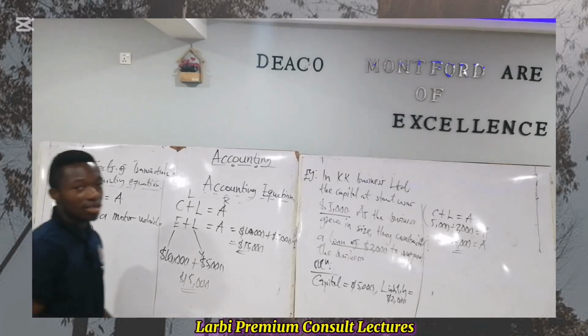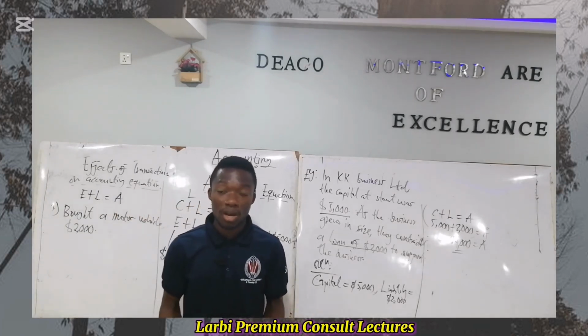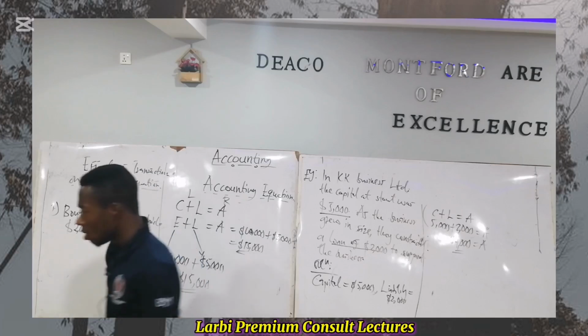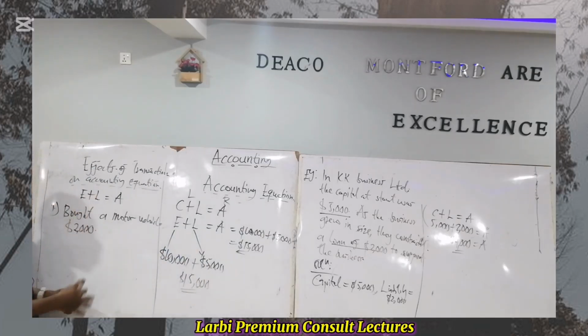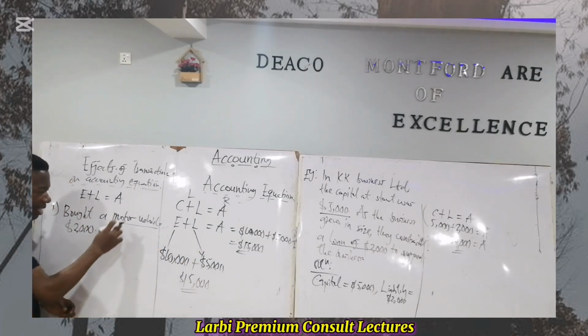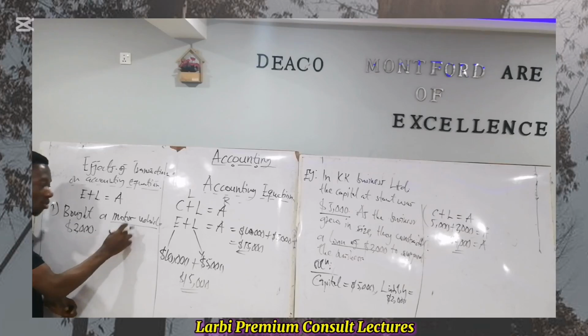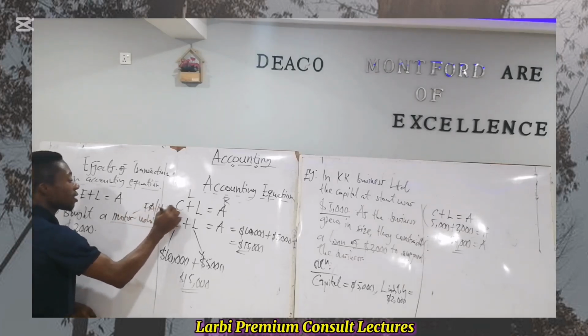All that we need to ask ourselves is, looking at this, we bought a motor vehicle worth $2,000. What are the elements that are being affected here with respect to the accounting equation? Remember, motor vehicle is what? An asset. But what type of asset is the motor vehicle? A fixed asset, or the non-current asset.